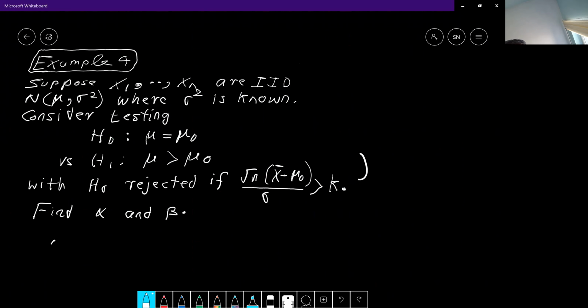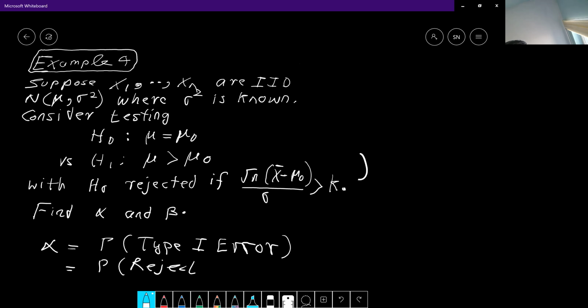So remember, alpha is the probability of type 1 error, which is the probability of rejecting the null hypothesis when it is true, which is mu equal to mu0.